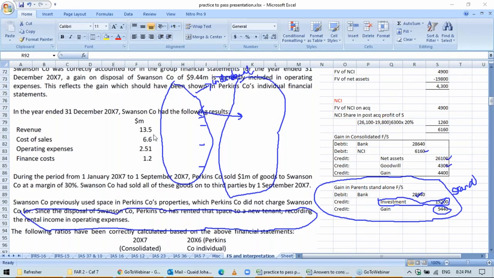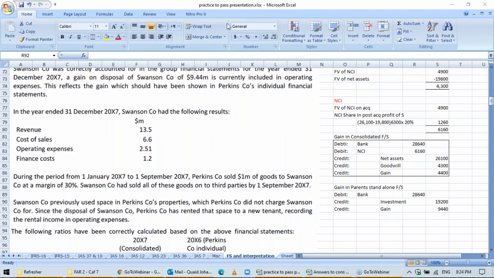Okay, now let's separate the figures first. In order to separate the figures, you will need the subsidiaries figures. So they have given you the subsidiaries figures over here. Just check. These are the figures of Swanson company.